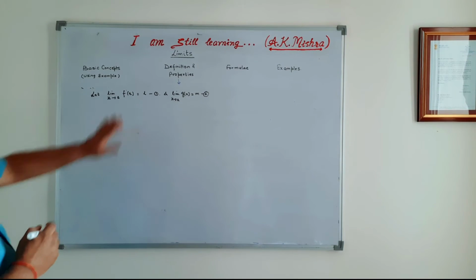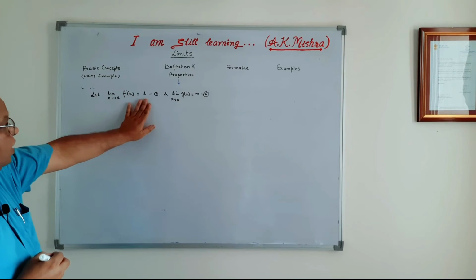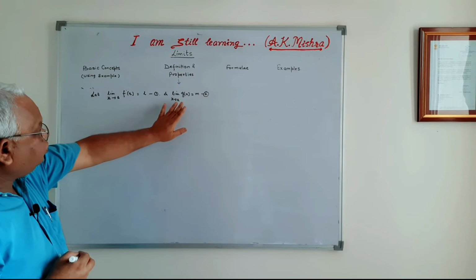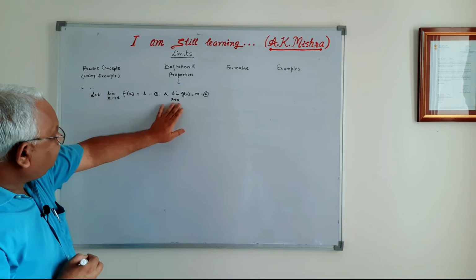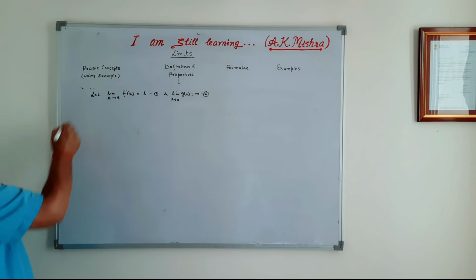Both are defined. The limit of function f(x) is defined as L, and the limit of function g(x) when x approaches a is defined as m. Then these are the properties.